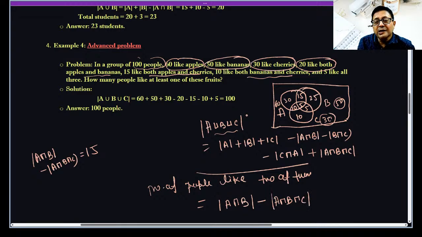Okay? Then the cardinal number of B intersection C, but again you are taking that part, so you must subtract.